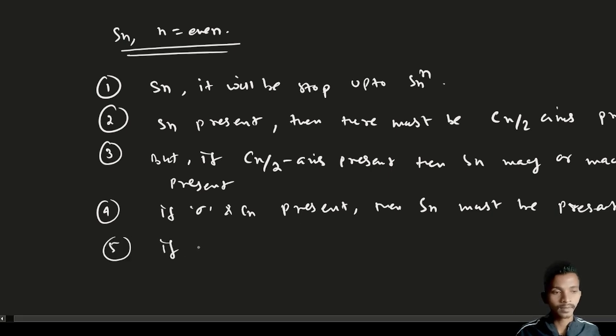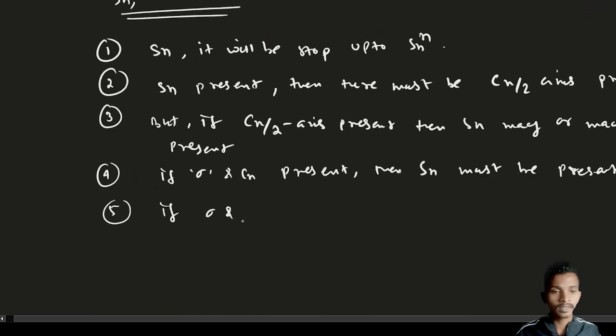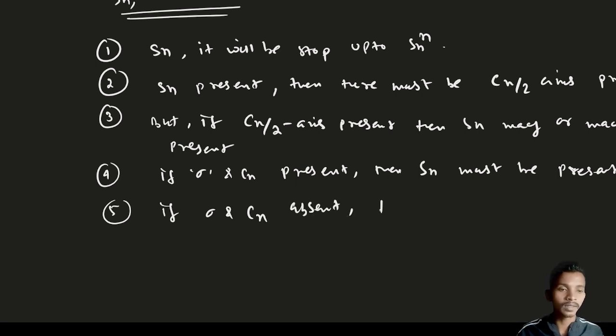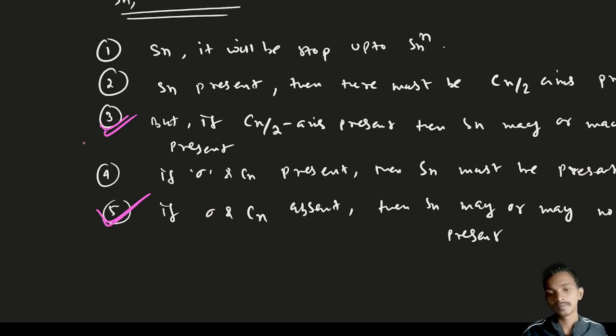But if sigma and Cn are absent, then Sn may or may not be present. So for these points, these 5 points, we can only check by doing the operations. There is no other way.